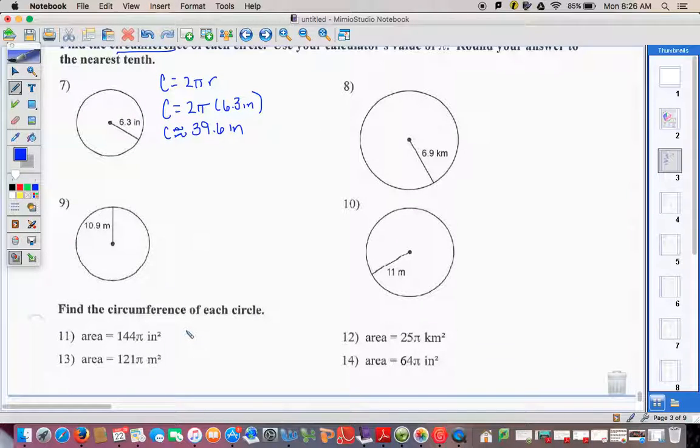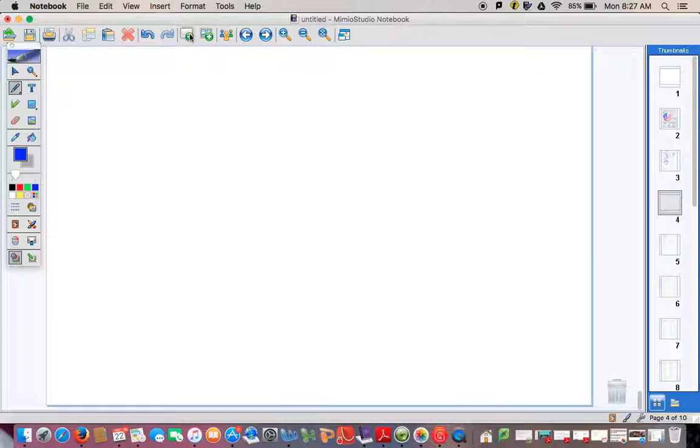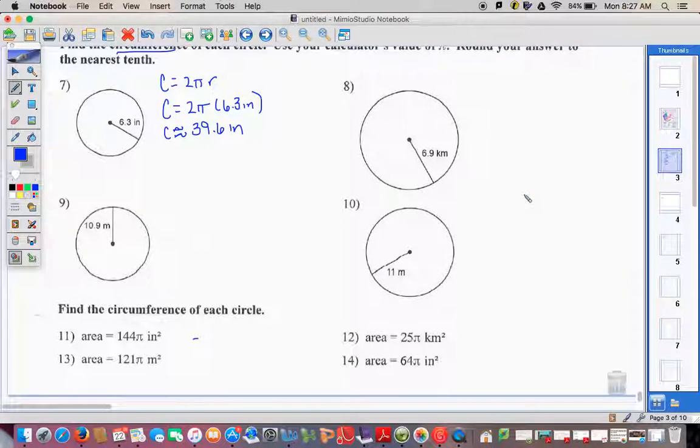Okay, and a problem down here, find the circumference of each circle, and we're given the area. So we've got to take it a step farther. If we're given the area, we can find what we need. The area is 144 pi inches squared.